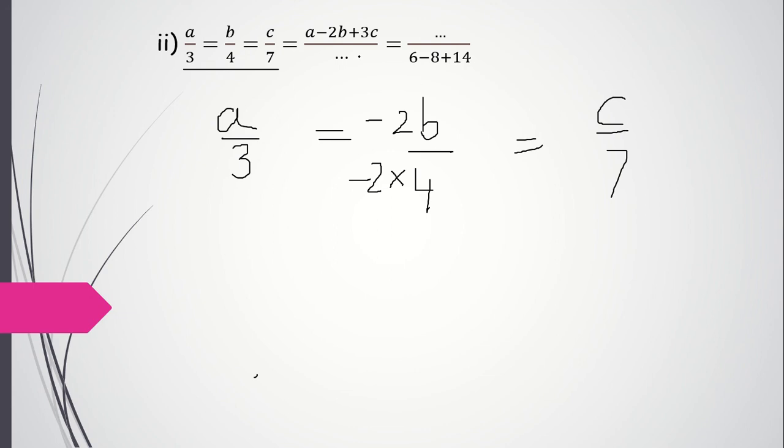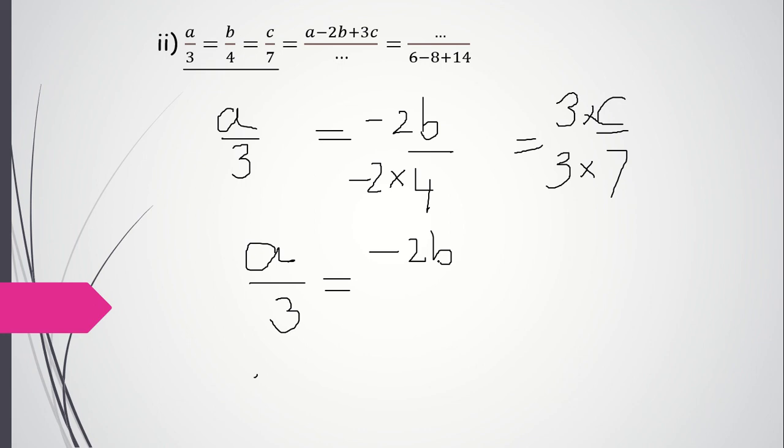This side, 3c is there. So multiply numerator by 3 and denominator also we will have to multiply by 3. So we will get A upon 3 is equal to minus 2b upon 4 times minus 2, which is minus 8, 3c upon 21.